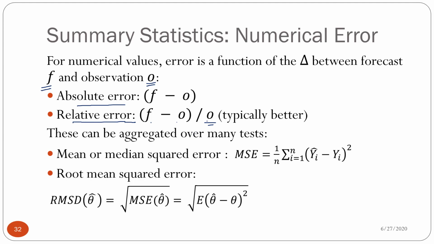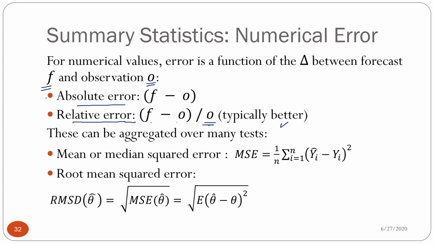This will give you a fraction of the error, and this fraction is better than the absolute error because it is unit free. We should not think too much about units when you have divided the error by the actual value. So relative error is better than the absolute error.